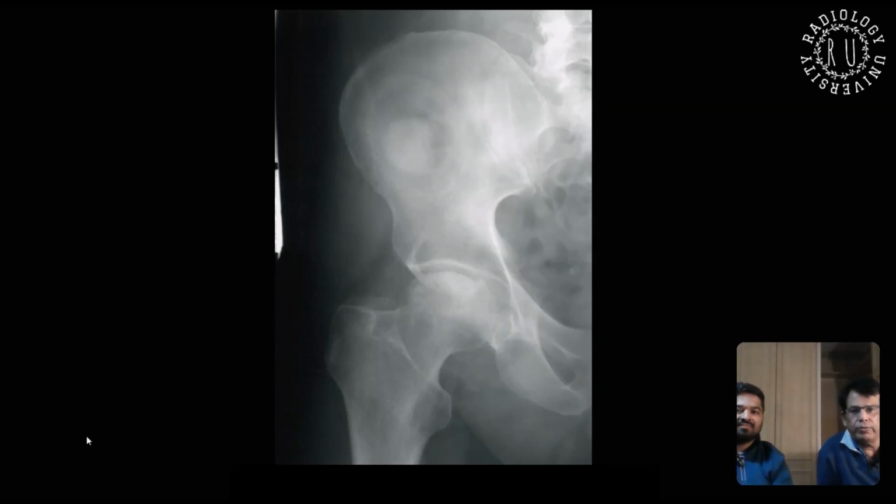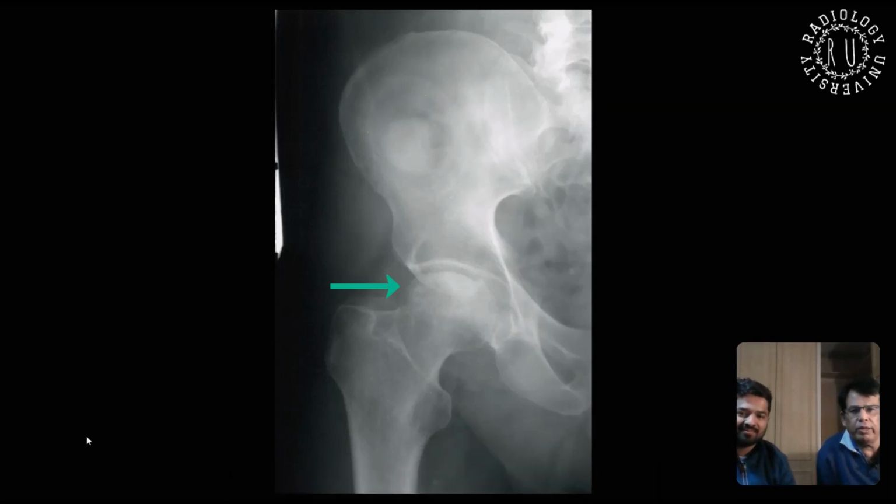I could see slight deformity of the right femoral head, with slight flattening and some area of sclerosis on the upper surface. The joint space is well maintained, and the femoral neck is normal and the proximal shaft, I think, is normal.